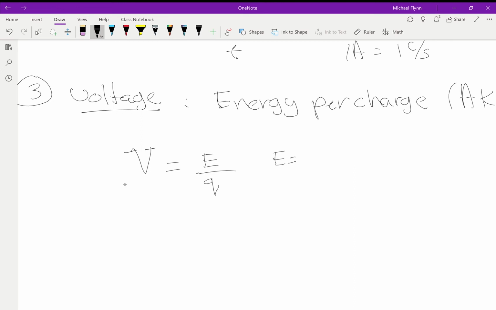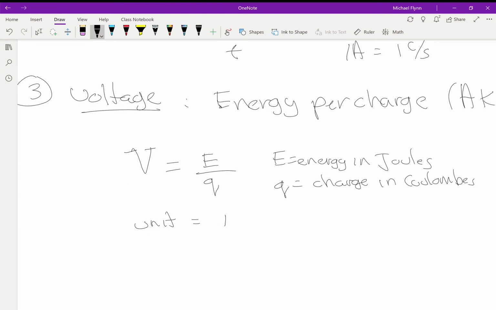So E is energy in joules. Q is charge in coulombs. And therefore the unit of voltage is equal to joules per coulomb.